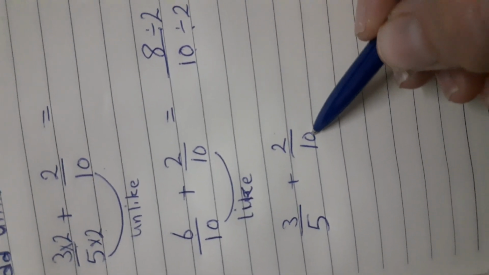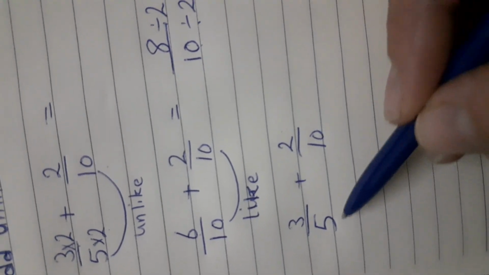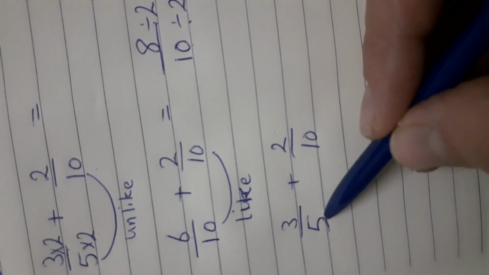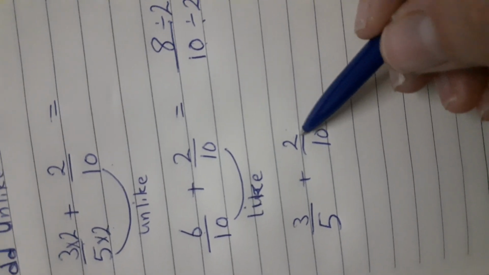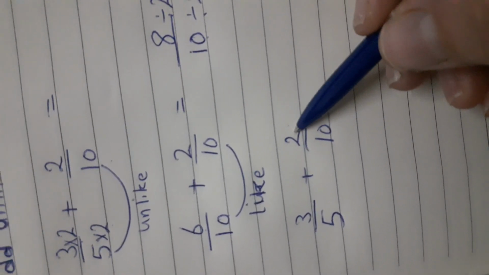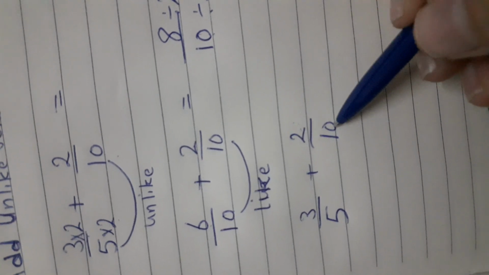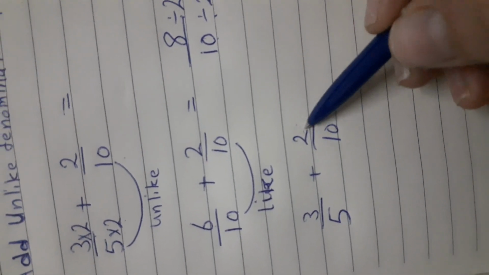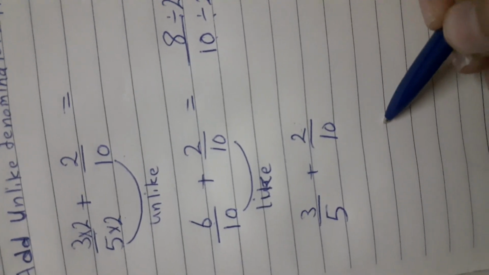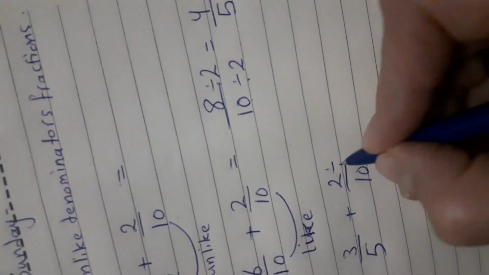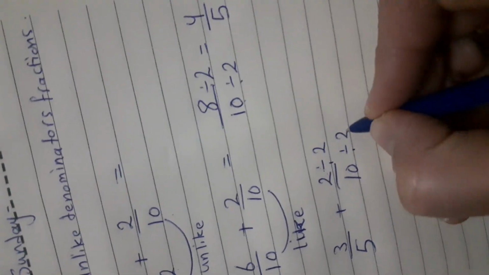This way, we can change this denominator to 5. And 2 is divisible by 2, then we can use the division by the common divisor to change 2/10 back to 1/5. So this is going to be divide by 2, divide by 2.